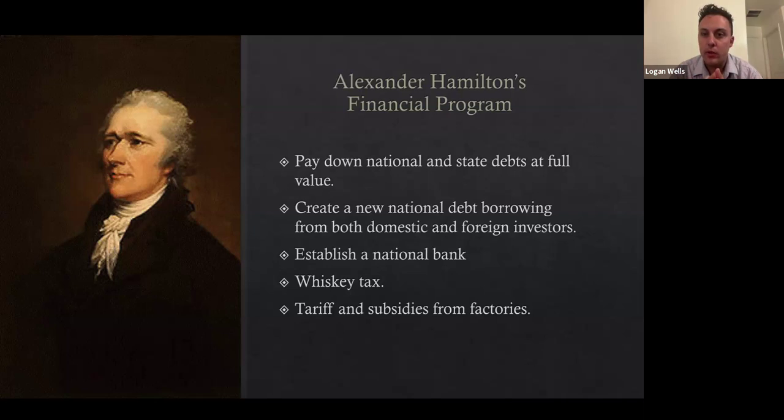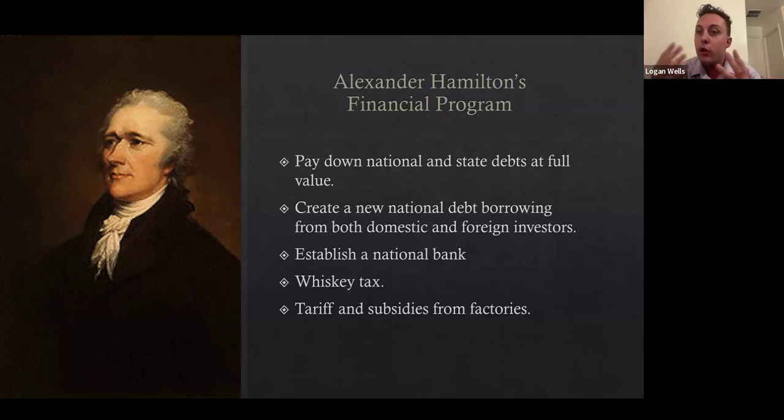Another thing he wanted to do was pay down national and state debts at full value. Part of doing that was that the national government would assume the debts of the state governments from the war. And that would give the federal government supremacy over the states when it came to financial matters.